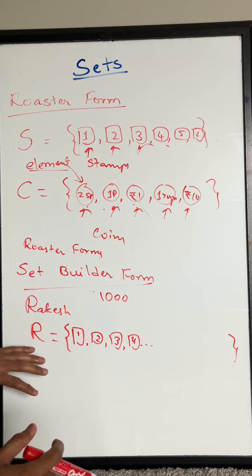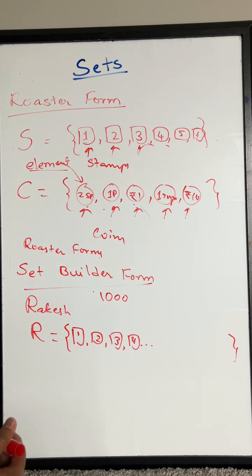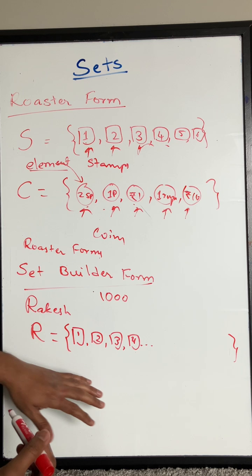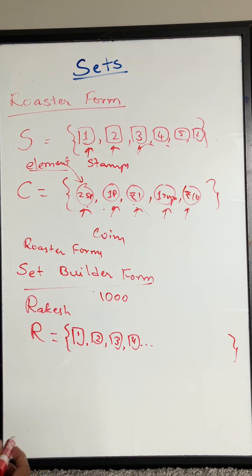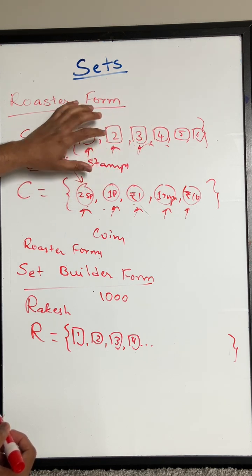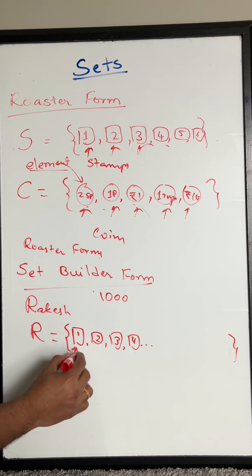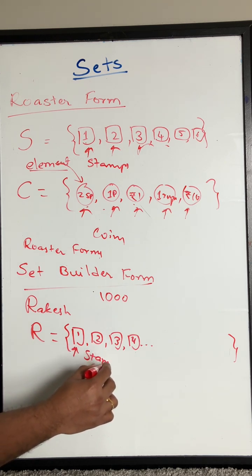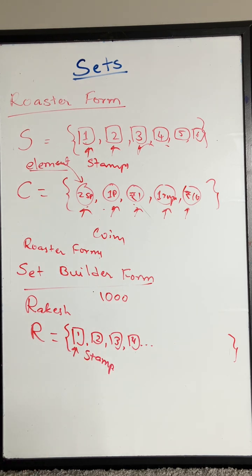So mathematicians thought, if Rakesh wants to write his set, it will be like taking a book. We need to find something very easy to write in a line. That is called set builder form. The set builder form explains what an element in this set is. Here the element is a stamp, right? We write it in a different way.